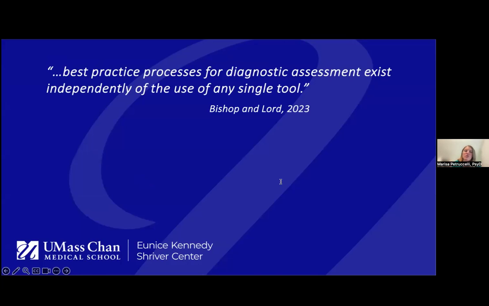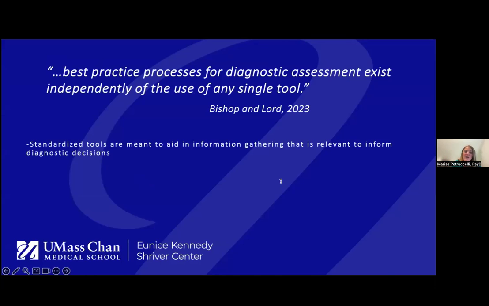That's important to note if you come across diagnostic reports, or you might participate in the diagnostic process in some way. There are standardized tools meant to be helpful in gathering information that informs the diagnostic decision, but a diagnosis is really meant to be determined not from the use of any single standardized tool, but with the integration of the results of that information.